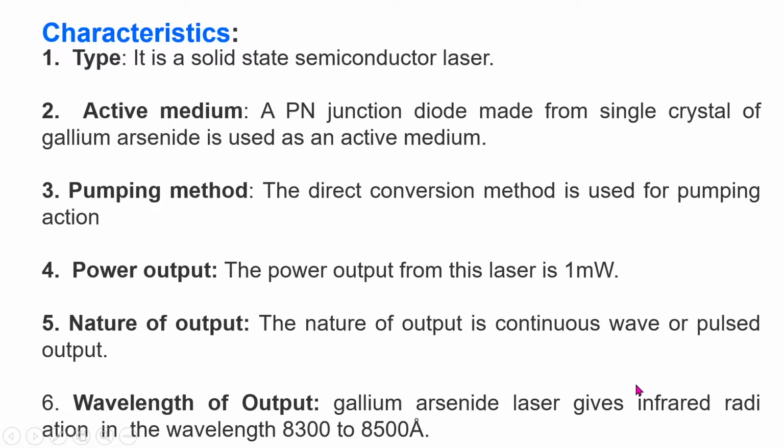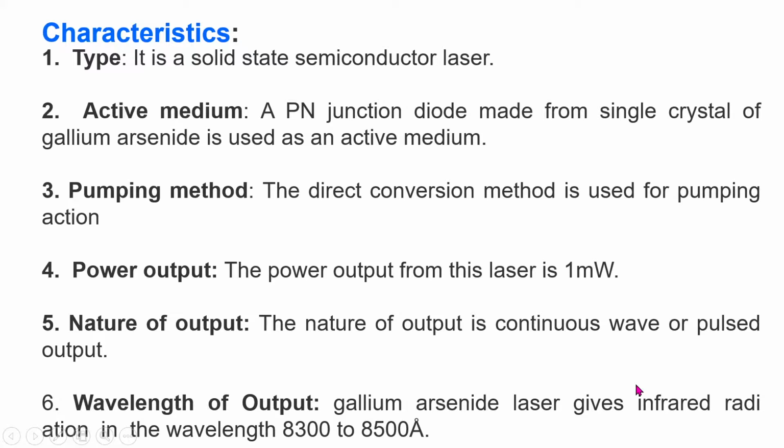Now here, in short, we can see the characteristics of the semiconductor diode laser. The type: it is a solid state semiconductor laser. The active medium: a PN junction diode made from a single crystal of gallium arsenide is used as the active medium. Then which pumping method is used?